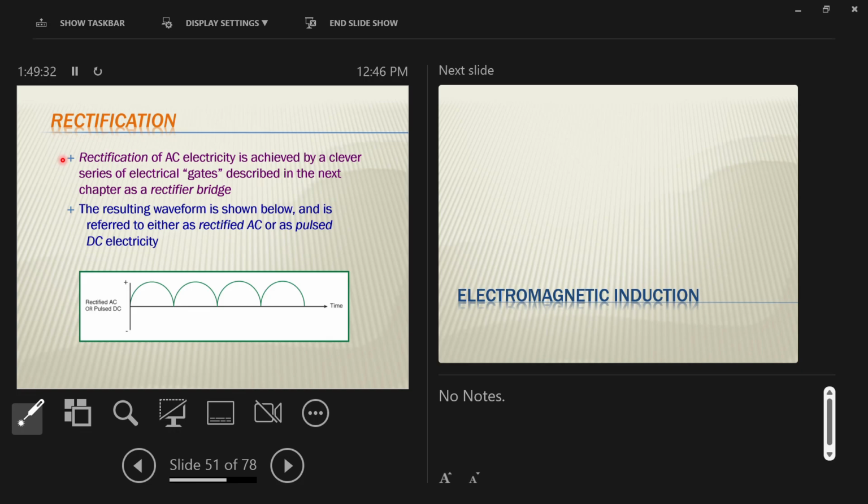Next time we'll explain how exactly diodes work inside, but for now, electricity is allowed to move one direction, but if it tries to go back the other direction, it's stopped.